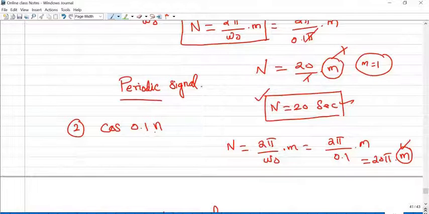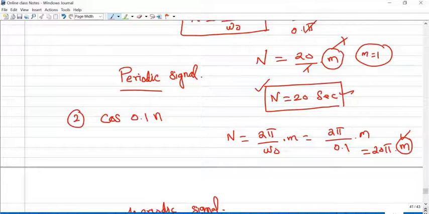Another example I had given: suppose 0.1 n, the pi term is not there in the cos function. So 2 pi by omega naught, 2 pi by 0.1, so 20 pi. Now if you select any value for capital M, 1, 2, 3, whatever it may be, these pi terms will not cancel. Understood?